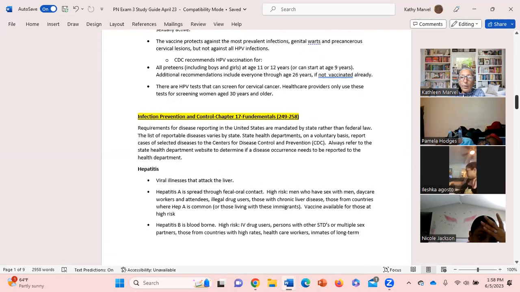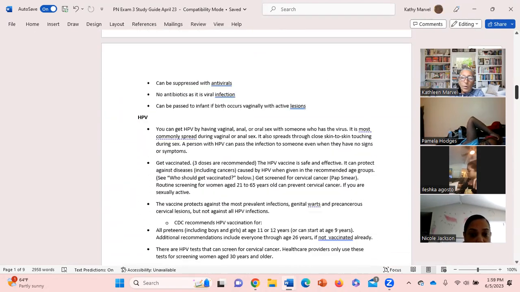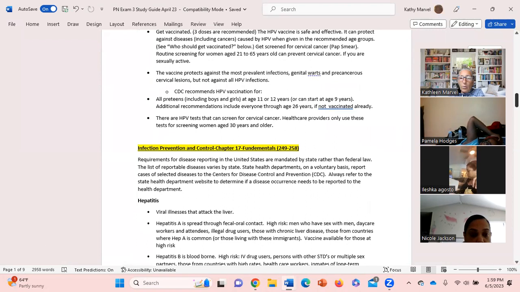Second area we cover is infection prevention and control. And we even list out for you, if you have to go back and read up on these sections, where it is. Your STD is chapter 41 in your Med-Surg book. Your infection prevention and control is chapter 17, your fundamentals. What do we know about infection prevention and control?